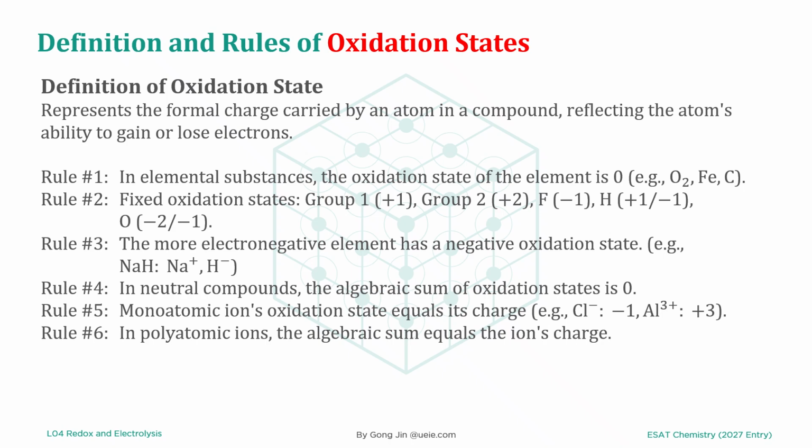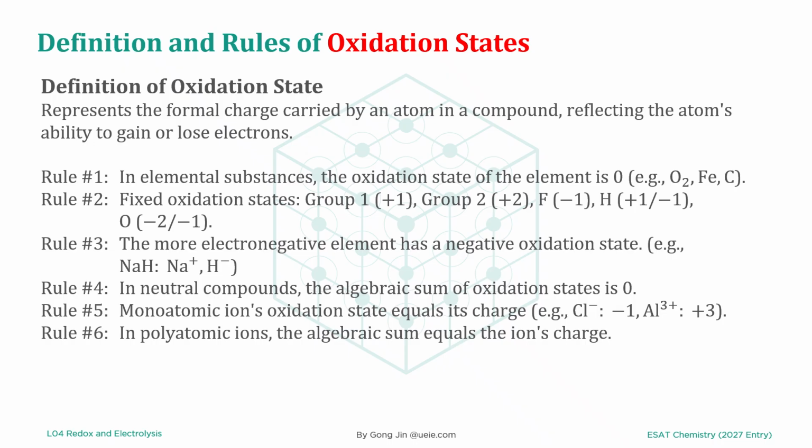Let's go through 6 essential rules you will use all the time. 1. Pure elements have an oxidation state of 0. 2. Some elements have fixed oxidation states. For instance, group 1 elements are always +1, and oxygen is generally -2.